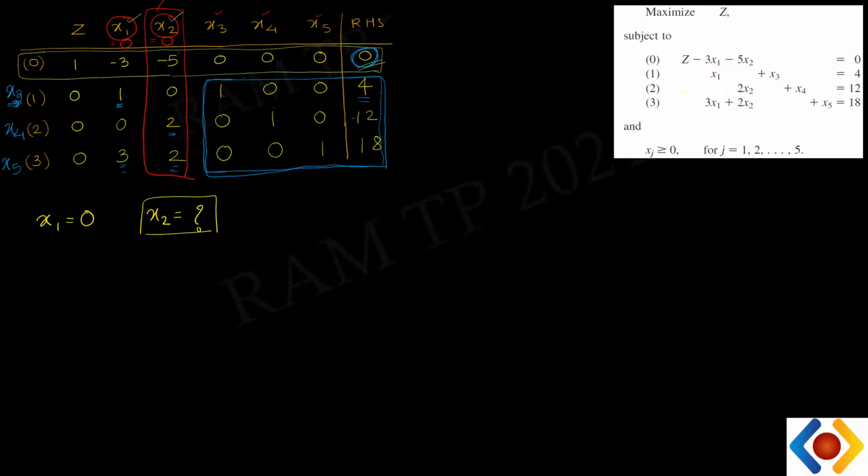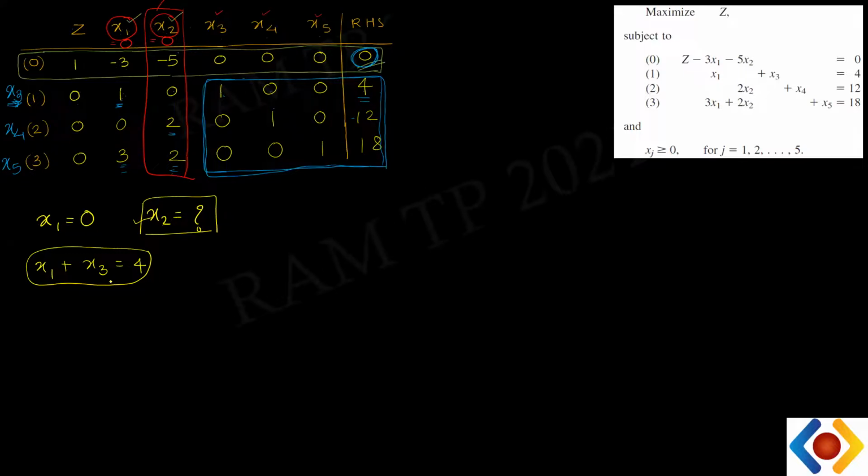Now let's look at the first equation. What is the first equation? x1 plus x3 is equal to 4. Any change in the value of x2, is this equation governing that?